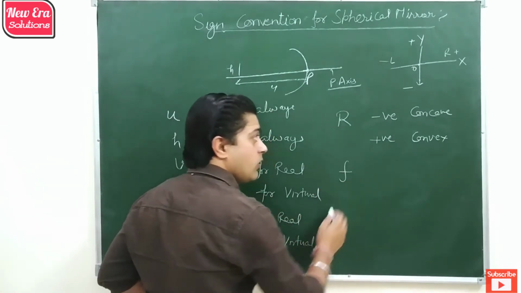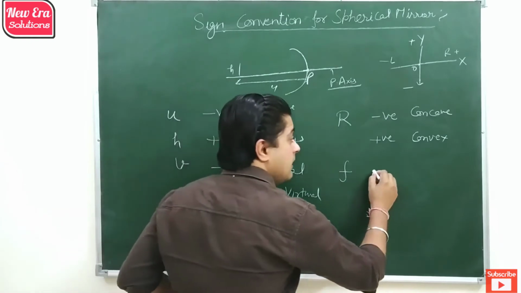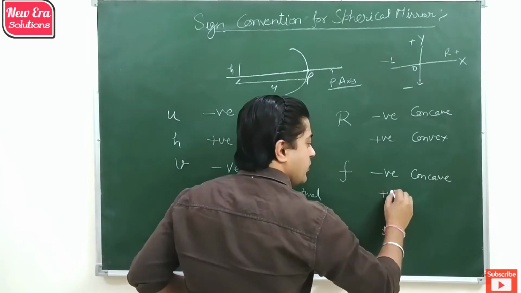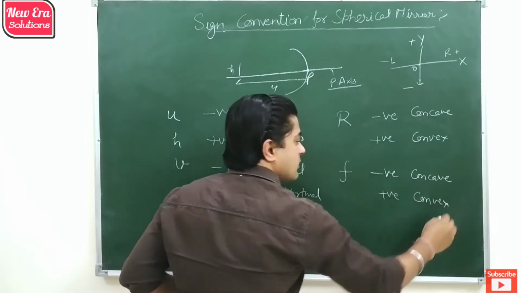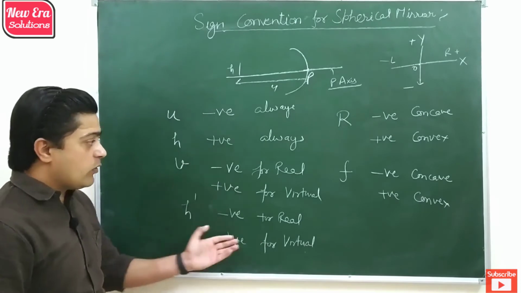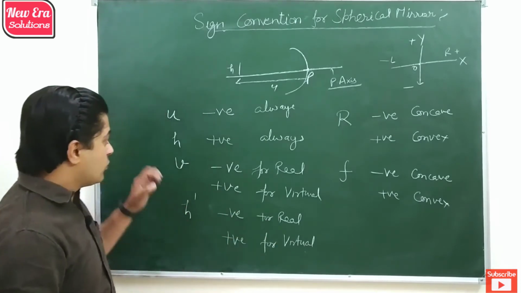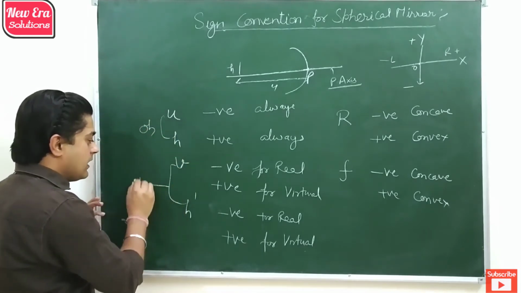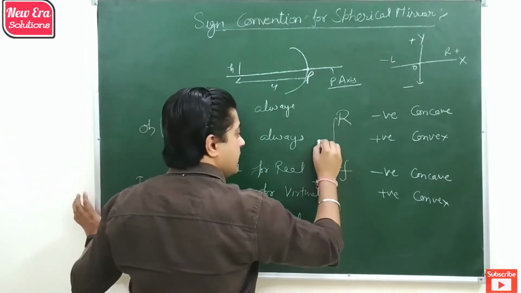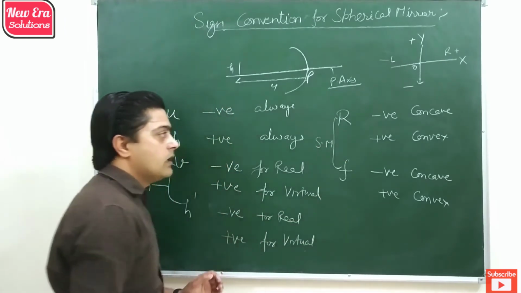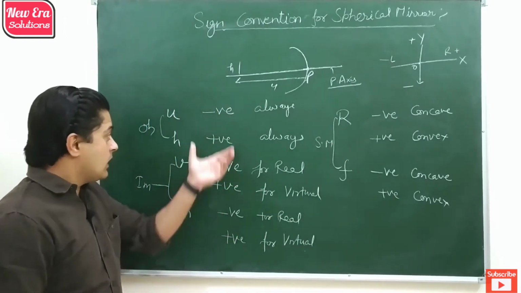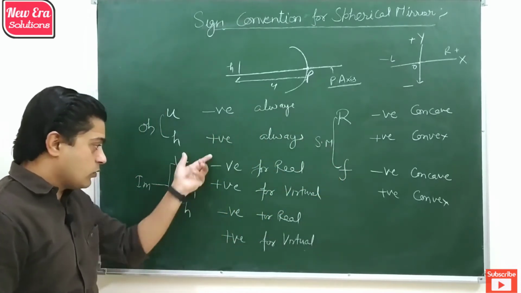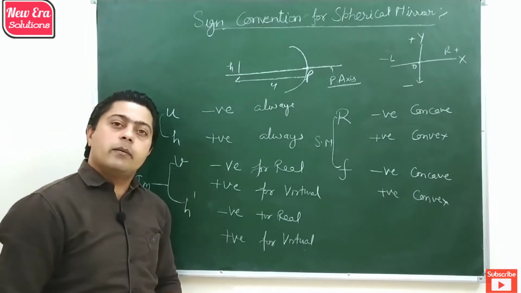Then the focal length also has the same sign as the radius of curvature, which is negative for concave and positive for convex. So as you observed, out of these 6 quantities, 2 are related to the object, 2 are related to the image, and 2 are related to spherical mirrors. Out of these 6 quantities, 4 remain the same always, and the other 2 vary according to the image formation.